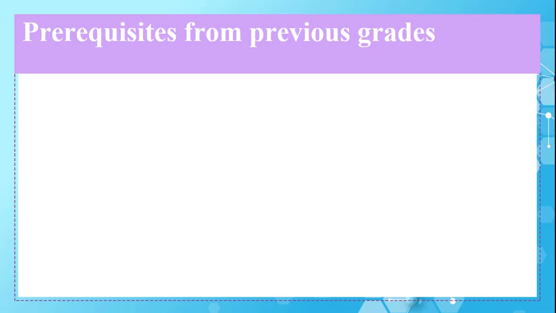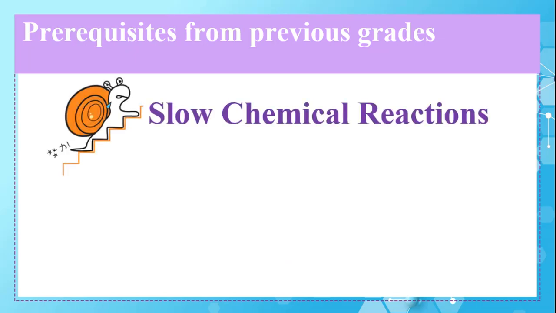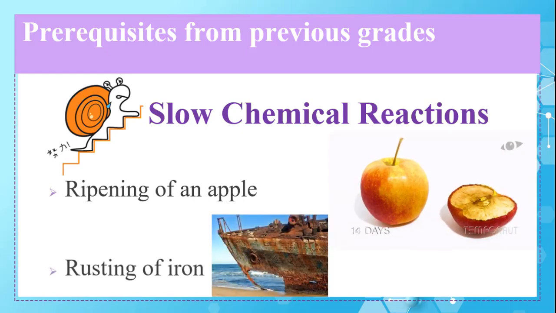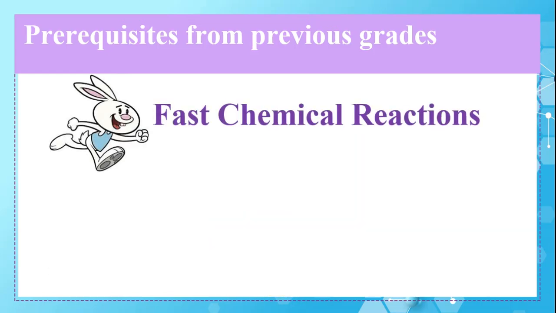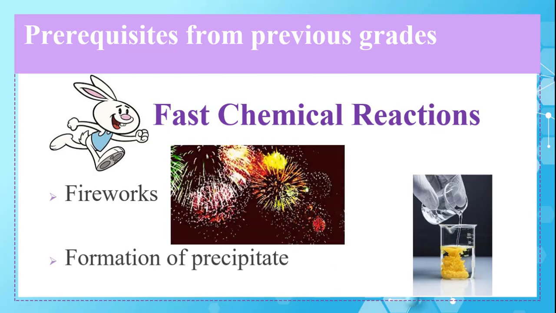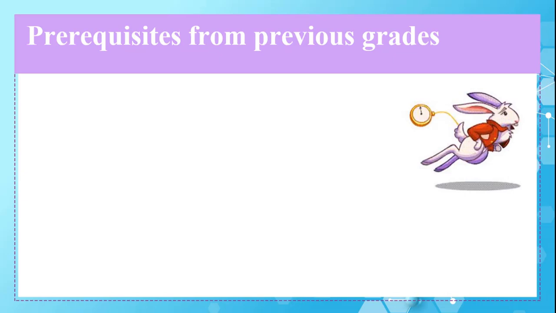A chemical reaction might be slow, like the ripening of an apple or rusting, or it might be fast, like fireworks or the formation of a precipitate. So, not all chemical reactions occur at the same speed or rate. The evolution or the progress of different chemical reactions is not the same.